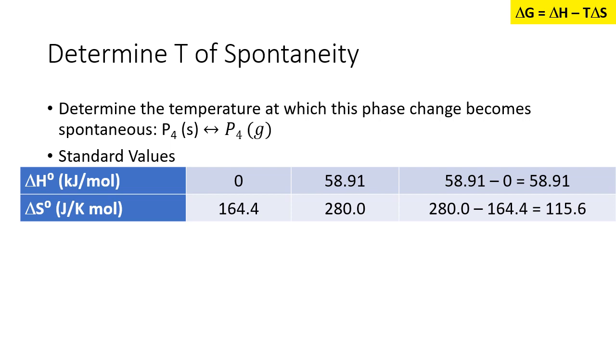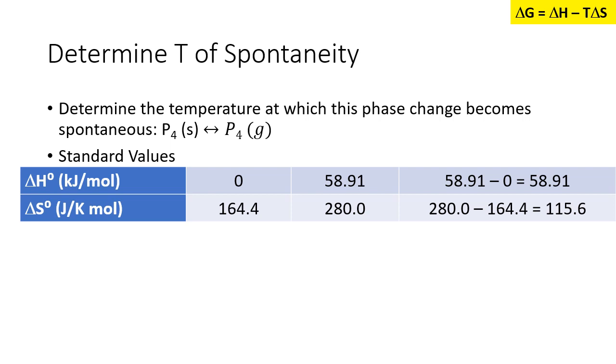Now, in this case, we know that at some temperatures, it will be non-spontaneous. In particular, we know that it needs to be spontaneous at high temperatures. We just talked about that. So let's find our threshold. Where does that switch take place? If we put delta G equal to 0, that'll be at equilibrium where both changes can happen spontaneously.